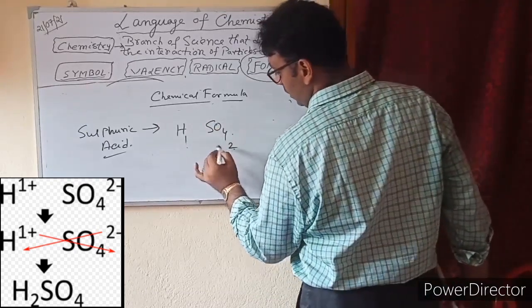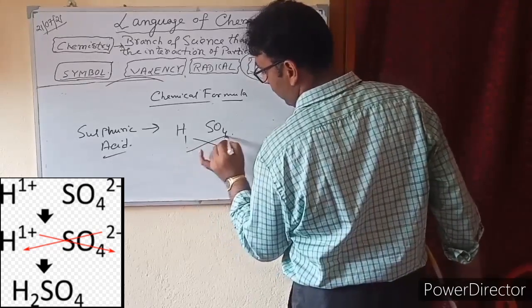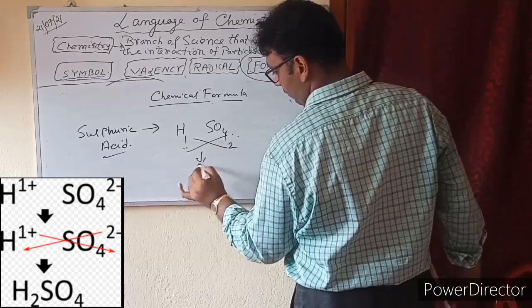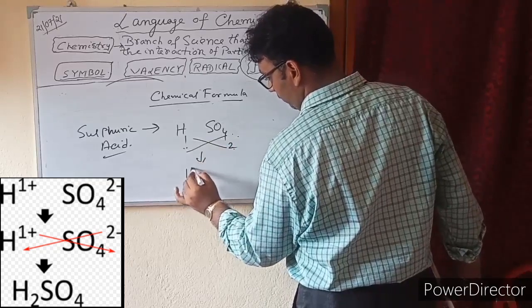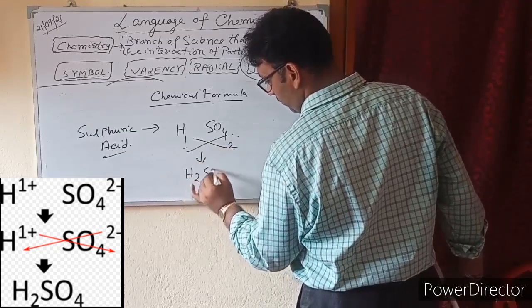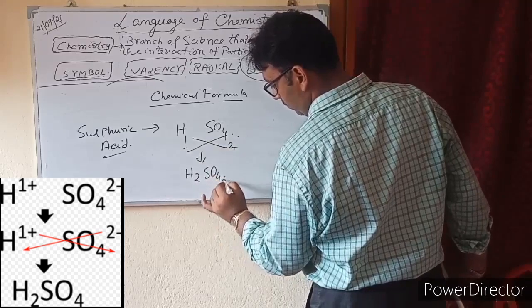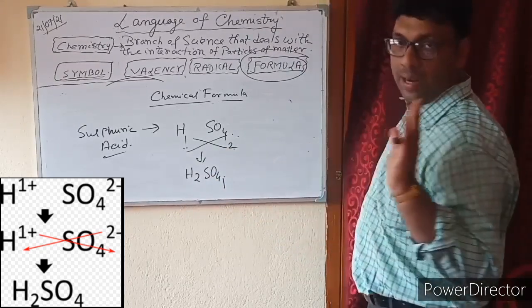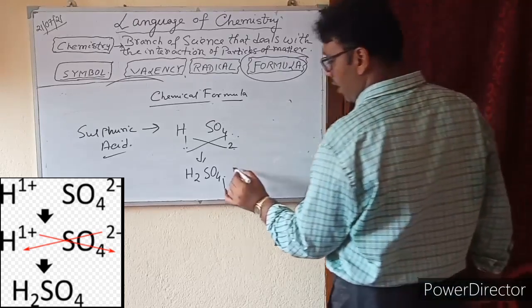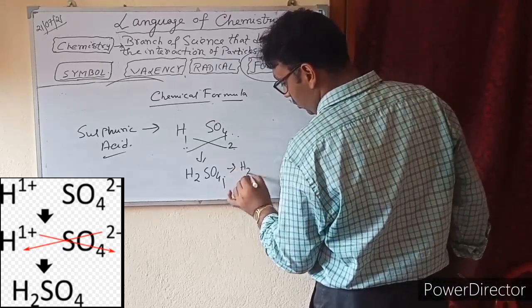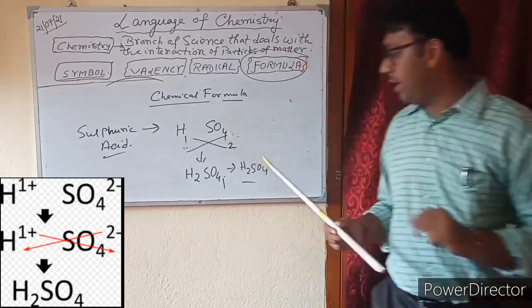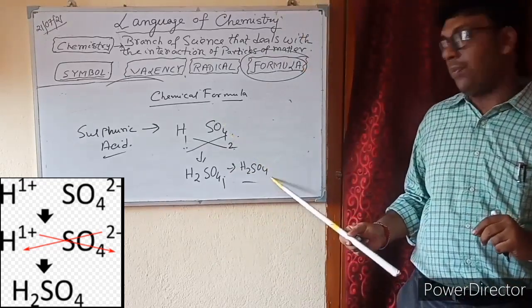Now just crisscross it. That means 2 will come here, 1 will come here. 1, you don't have to write 1, just write there H2SO4. So in this way you will write the formula of any compound.